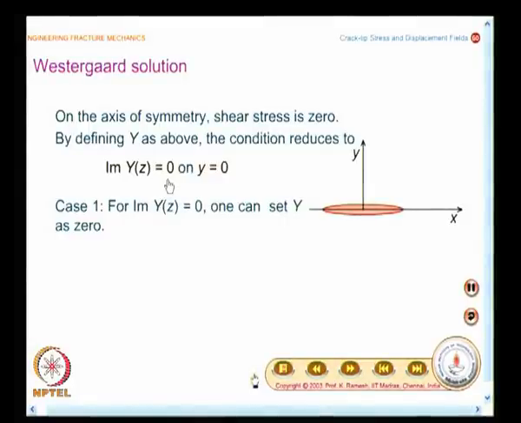See, if you recall the way that we satisfied the boundary conditions when we looked at the mode 1 situation, we looked at what happens for the first set of boundary conditions, what happens at the crack faces, and the second set of boundary conditions, what happens at infinity, but the third condition we did not do anything, because we wanted shear stress on the crack axis to be 0.